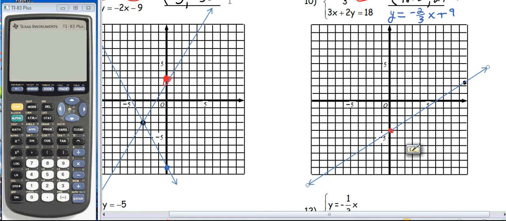And we know that the second one, my blue equation, crosses at +9 on the y-axis. So I come up here, there's 5, 6, 7, 8, 9. And I can now put in my other line.